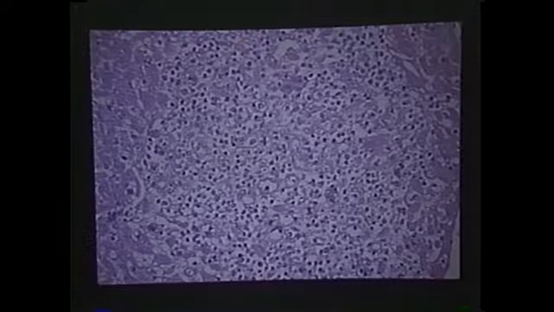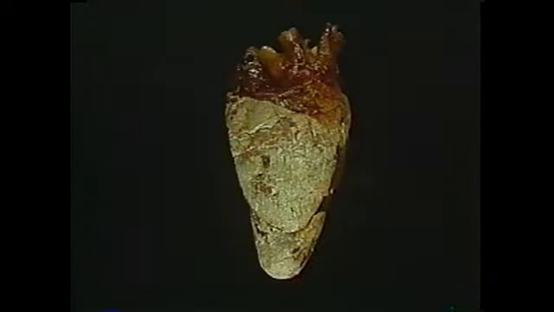A case of small white foci affecting the heart of a sandhill crane and ultimately the liver resulted from visceral coccidiosis, Eimeria species affecting the heart and the liver as seen here.